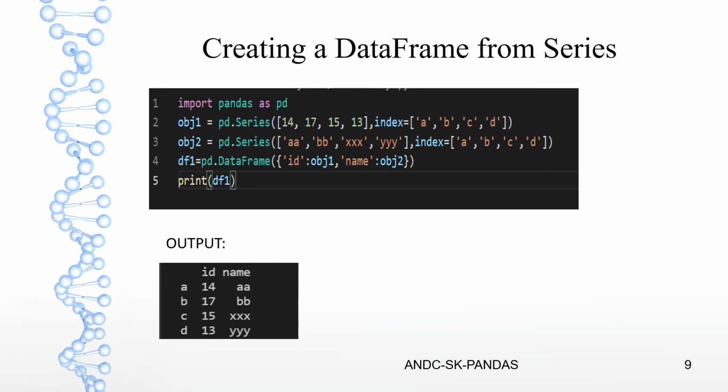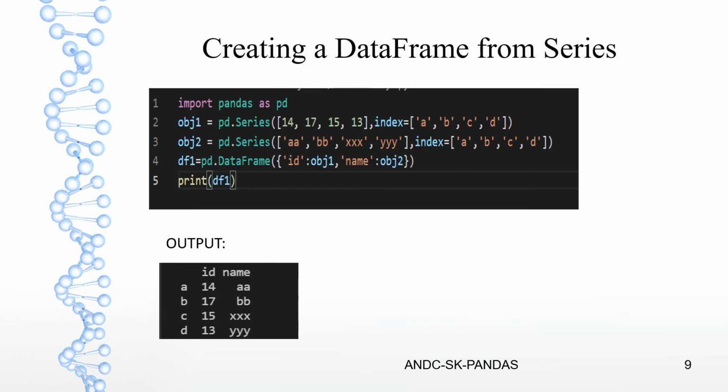You can think of these as made up of 2 data series. First is A14, B70. Another is AAA, BBB, CCC, XXX. So this data frame is nothing but it is made up of 2 data series. But remember, for simplicity we have given indexes having the same label in both the data series, but these can be different.